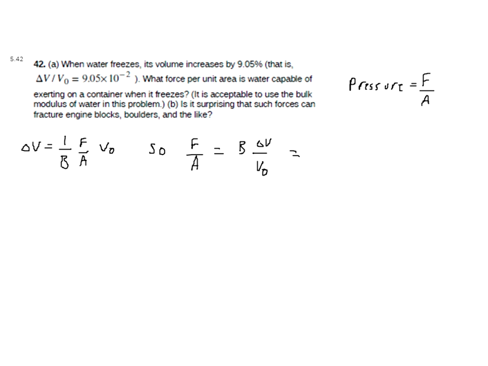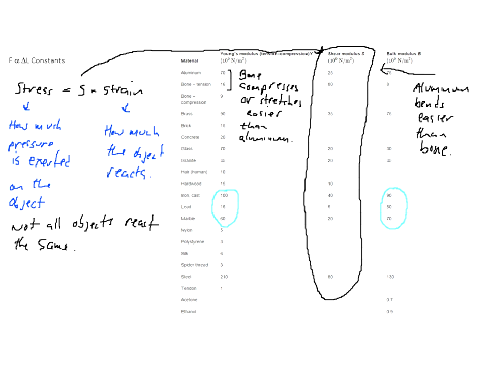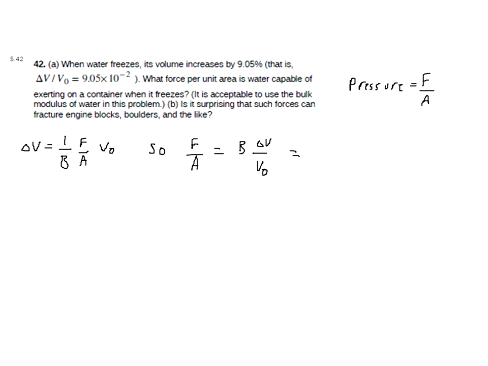So this one's pretty straightforward. The bulk modulus for water, and I forget if I have cut that out. So these are in alphabetical order. Yeah, I forgot. So that one is not here, but never fear.